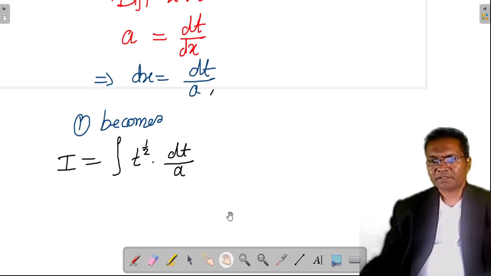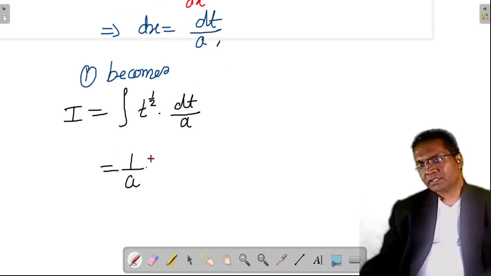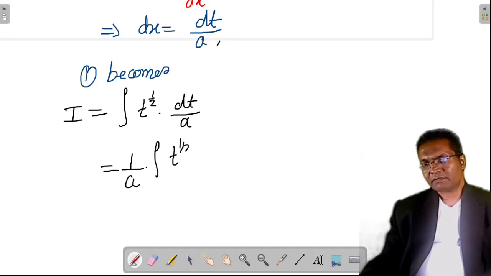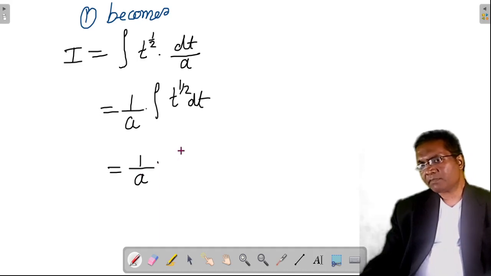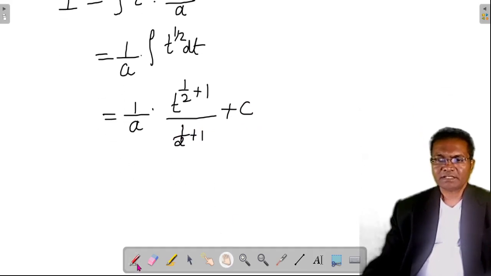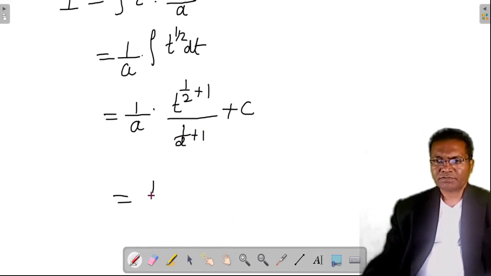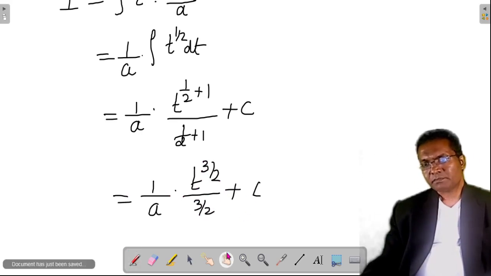Now you need to integrate. 1 by a constant outside, better you write t power half dt for understanding. Integration of t power n is t power n plus 1 by n plus 1. So you can write t power half plus 1 by half plus 1 plus constant c, which equals 1 by a, t power 3 by 2 by 3 by 2, plus c.